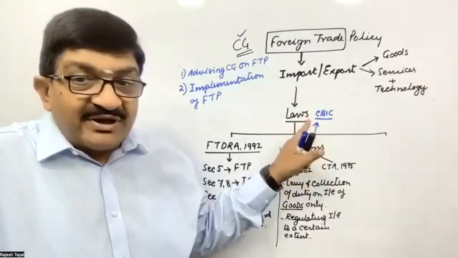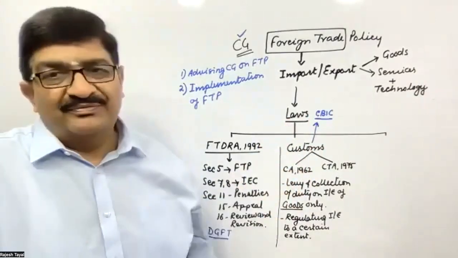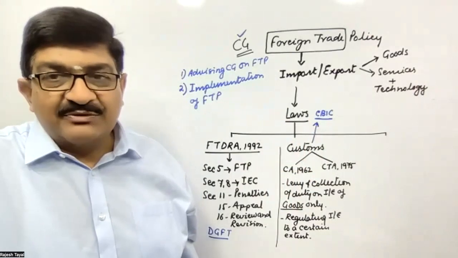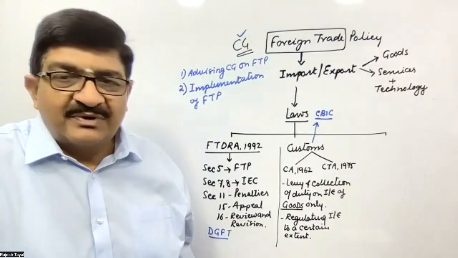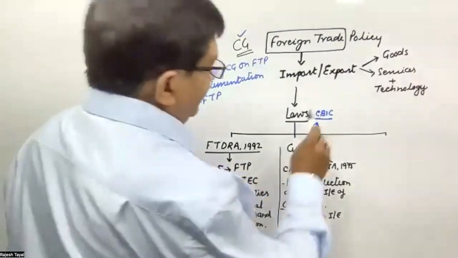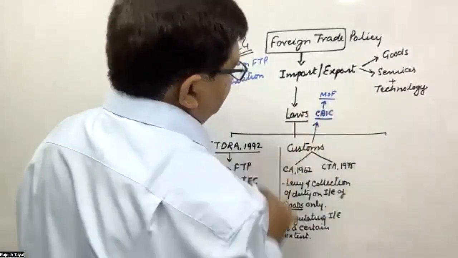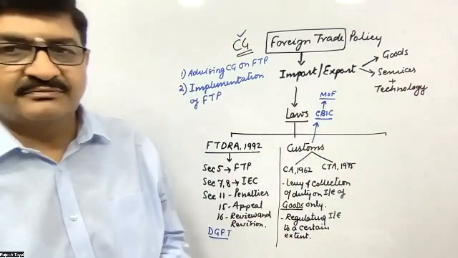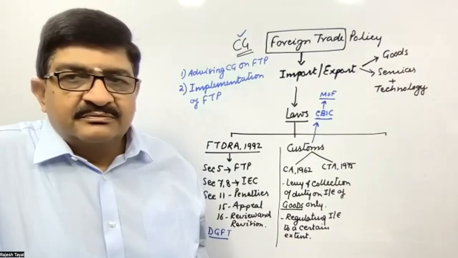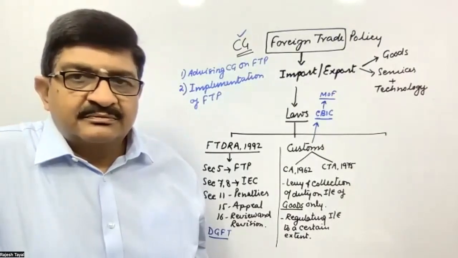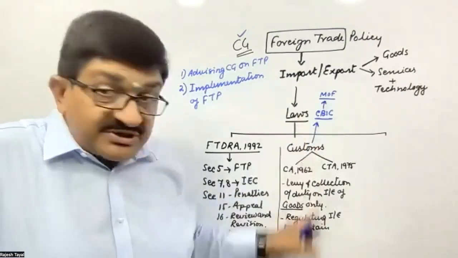Okay, highest authority is CBIC, Central Board of Indirect Taxes and Customs. And this comes under Ministry of Finance. Okay, so this is customs.